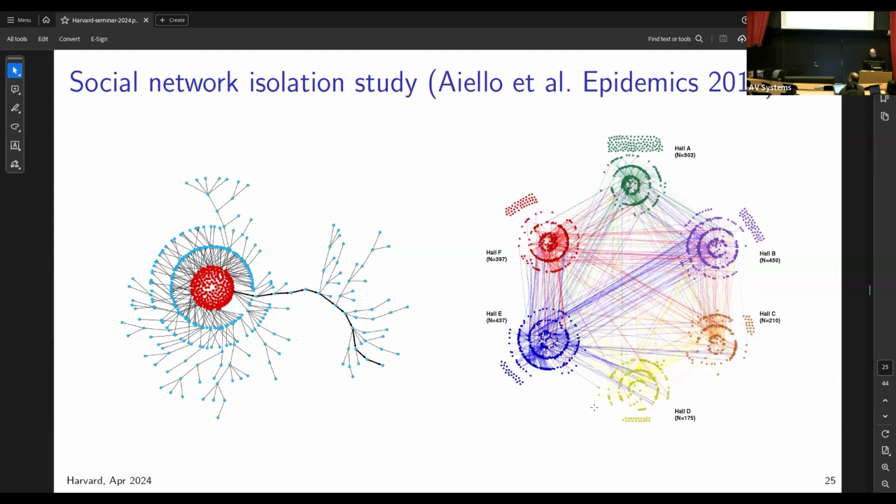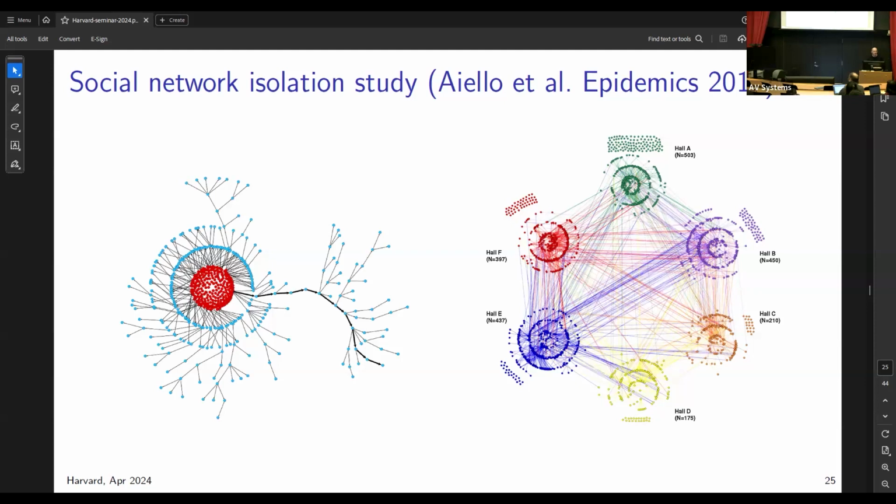The left graph shows you the snowball type of sampling that was used to enroll participants in the RCT, with the red nodes indicating seed participants. If you were in the RCT, you could invite one of your friends to participate. Then your friend could invite someone and so on. So you get this chain referral type process.